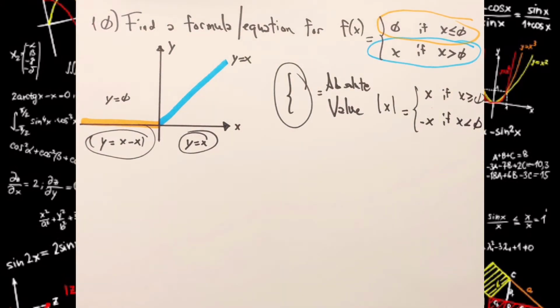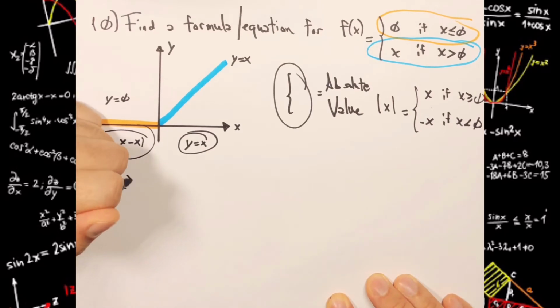Because this is a problem in which we have to think. There's no real actual procedure to solve the question that is being asked, other than the fact that we have to come up with a way to solve for f of x, to come up with the function f of x.